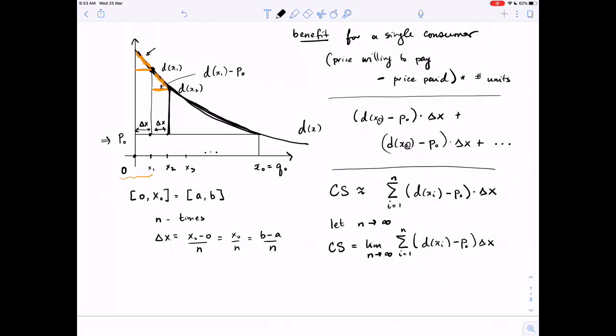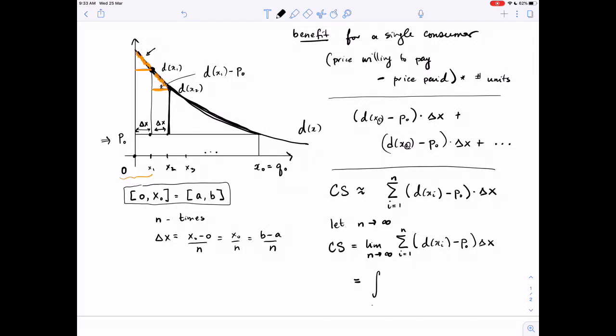And if we have the limit as n goes to infinity of a Riemann sum, then we have a definite integral. And that definite integral is going to be on our interval here, a to b, or from 0 to x naught.